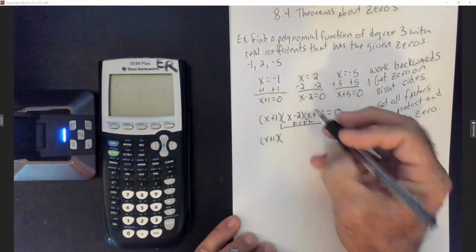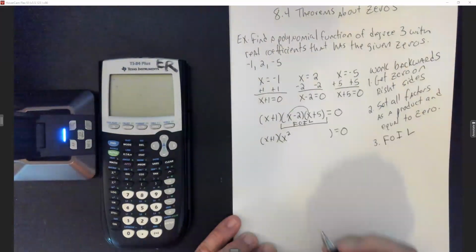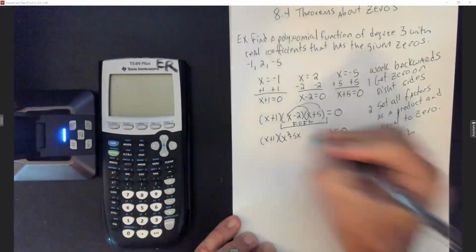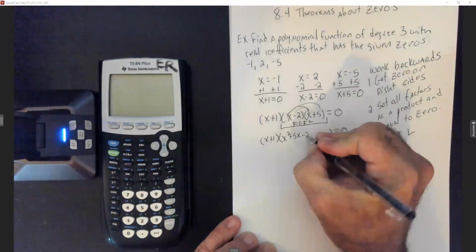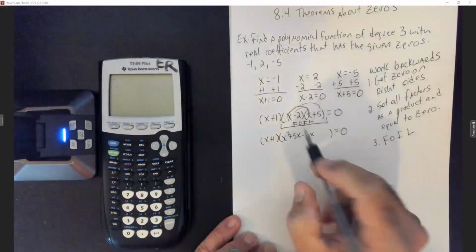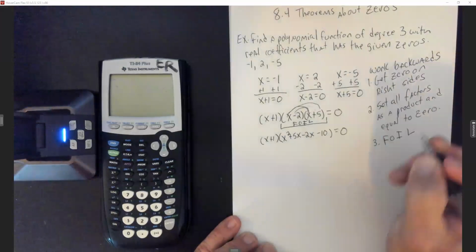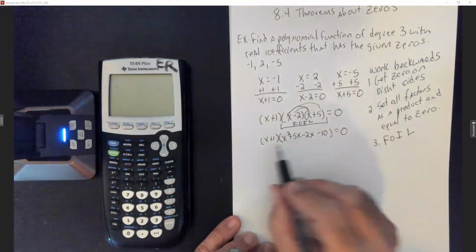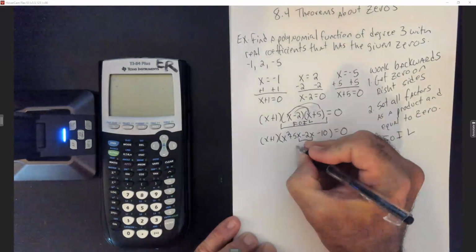So we got an x times an x would be an x squared. x times 5 would be a 5x. Negative 2 times x is a negative 2x. And then negative 2 times 5 is a negative 10. So now, before I try to multiply by this x plus 1, I got like terms. I'm going to add the like terms.